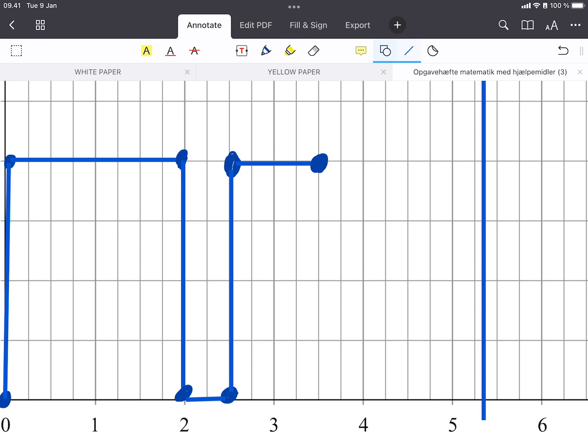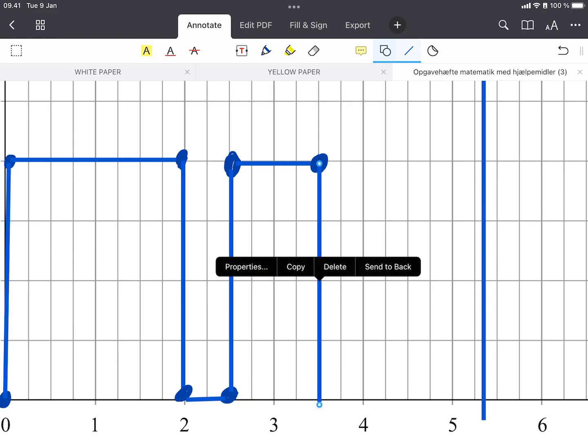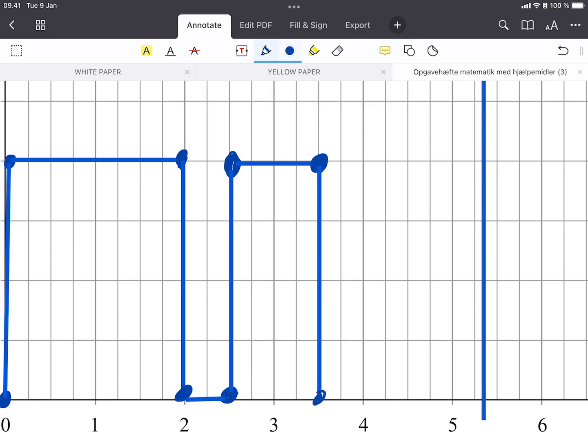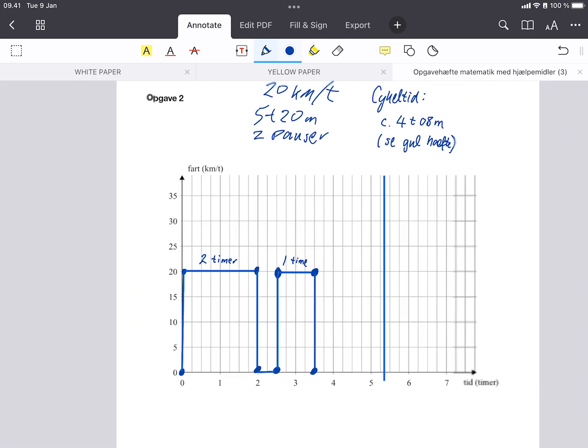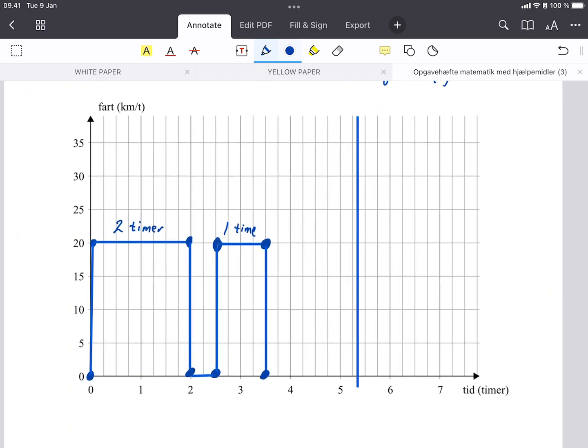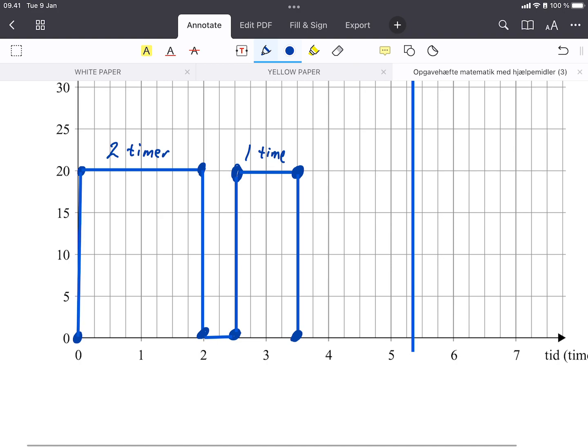Let's have them quickly decelerating down to 0 for that break. So I've got them traveling for 2 hours there, 1 hour there, and then for the very last bit, I guess I want them traveling for another 1 hour and 8 minutes to make the 4 hours and 8 minutes.